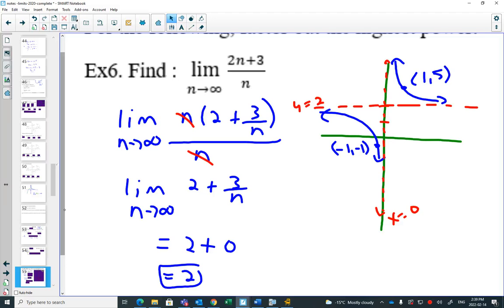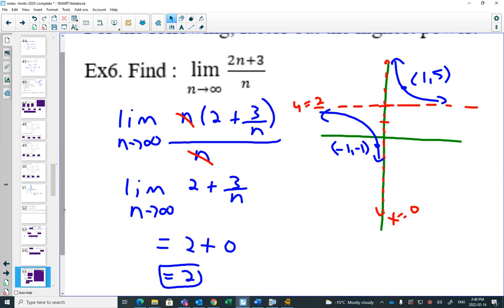It won't affect my bank account very much when I've got billions of dollars. So when n gets very, very big, that plus 3 is no longer even in the picture anymore. And that's why the limit can just be seen as being 2.